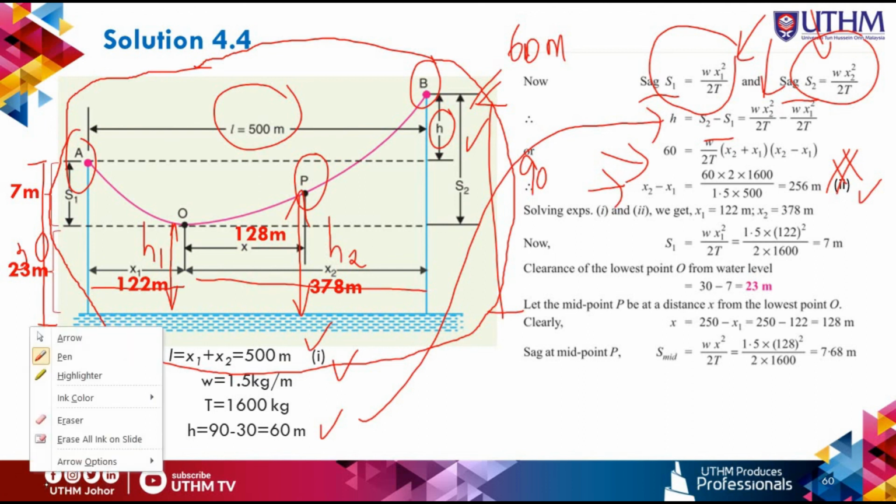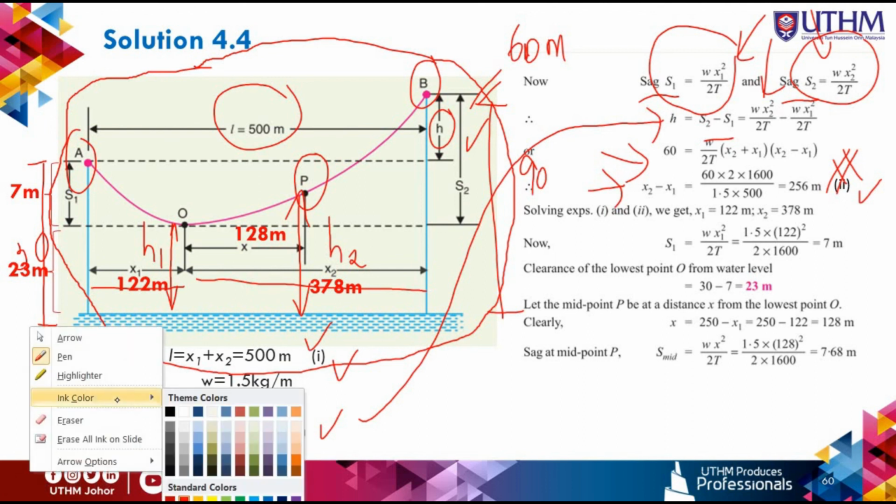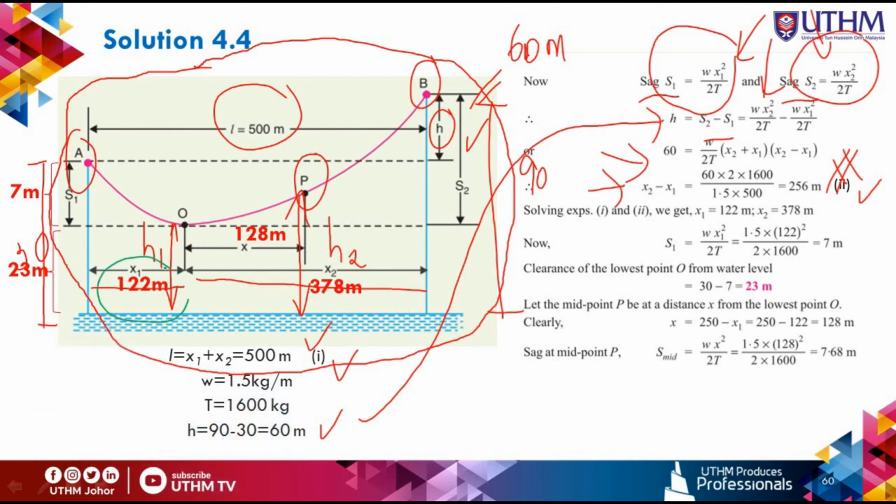Then you get x1 as 122 meters and x2 as 378 meters. From here you can use these values in this formula and you get S1, which is 7 meters.